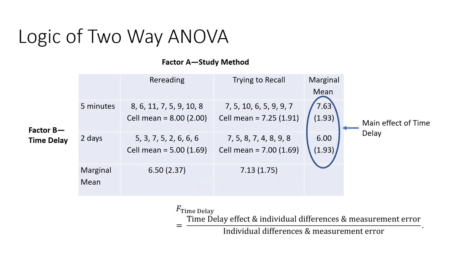For the other main effect, the main effect of time delay, it's a similar idea. We're comparing these two marginal means, and again, the larger their difference, the larger the F value will be. Again, it's not literally just a mean difference. It's more complicated than that. But the bigger the mean difference, the bigger the F value will be.